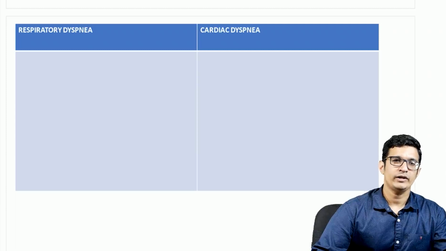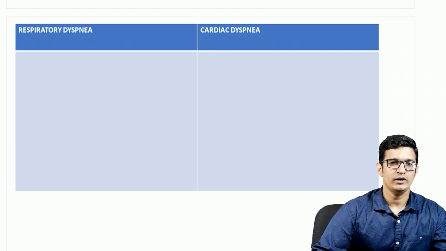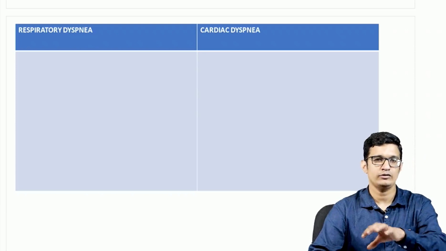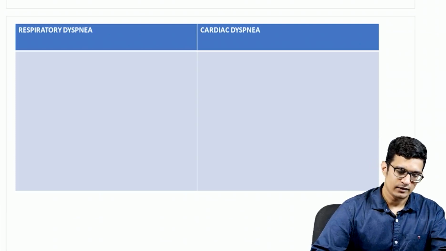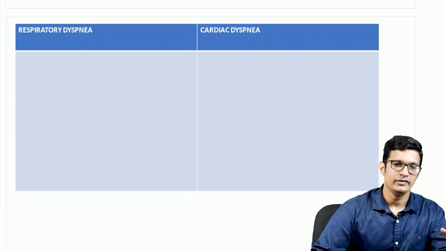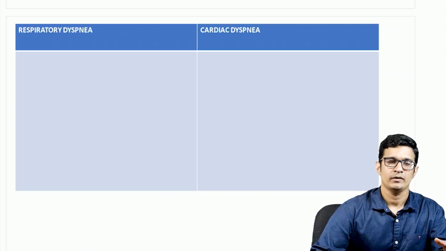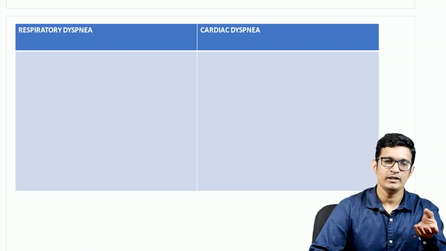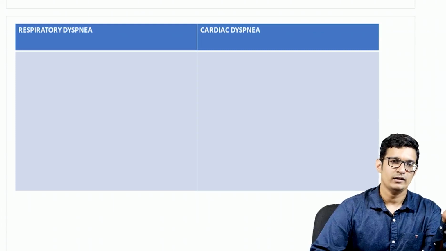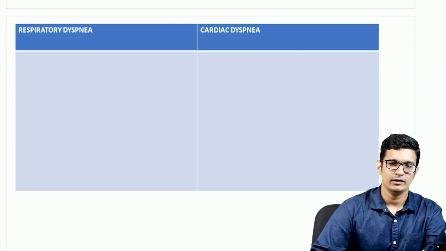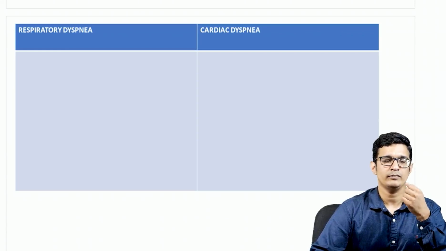Ultimately, the tissues in your body require oxygen, which enters the body through the respiratory system and is taken to the tissues by the cardiovascular system. Anything that impairs, restricts or obstructs the passage of air into the respiratory system will cause breathlessness of respiratory cause, and anything that impairs perfusion, that slows down the passage of oxygen from the heart to the tissue, is a cardiovascular cause.